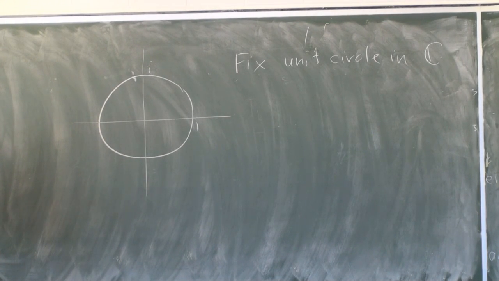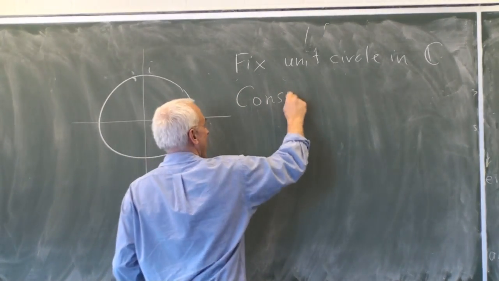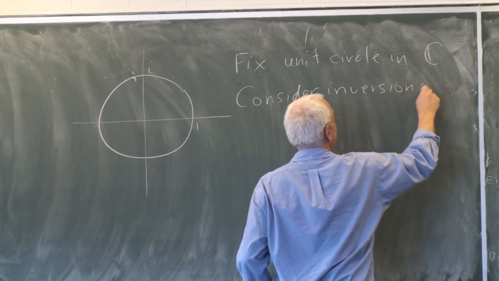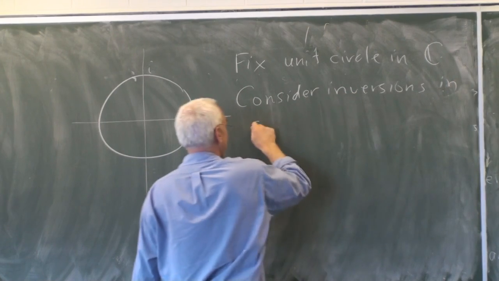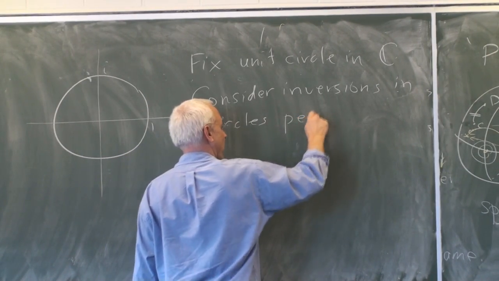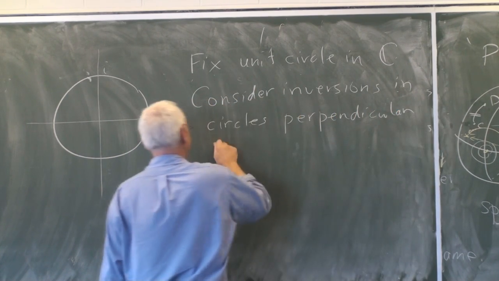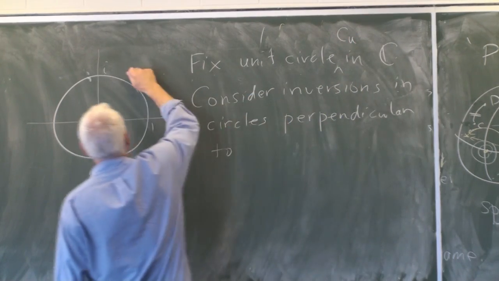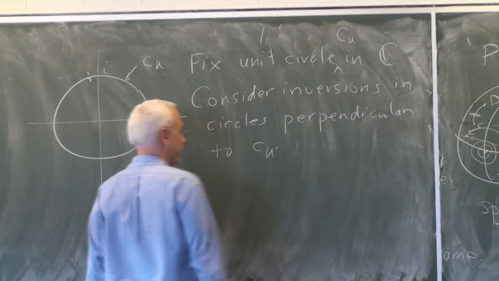And now we're going to consider inversions in circles which are perpendicular to our unit circle. Let's give our unit circle a name, say C unit.